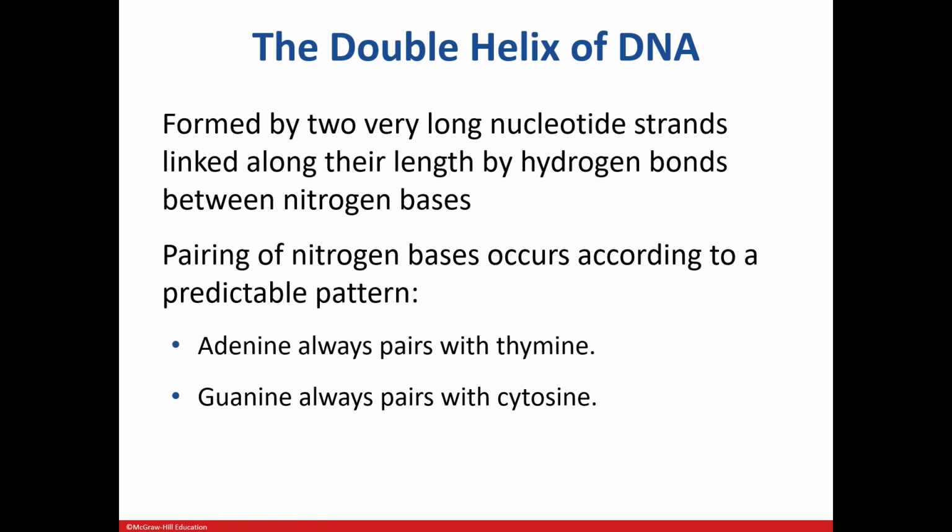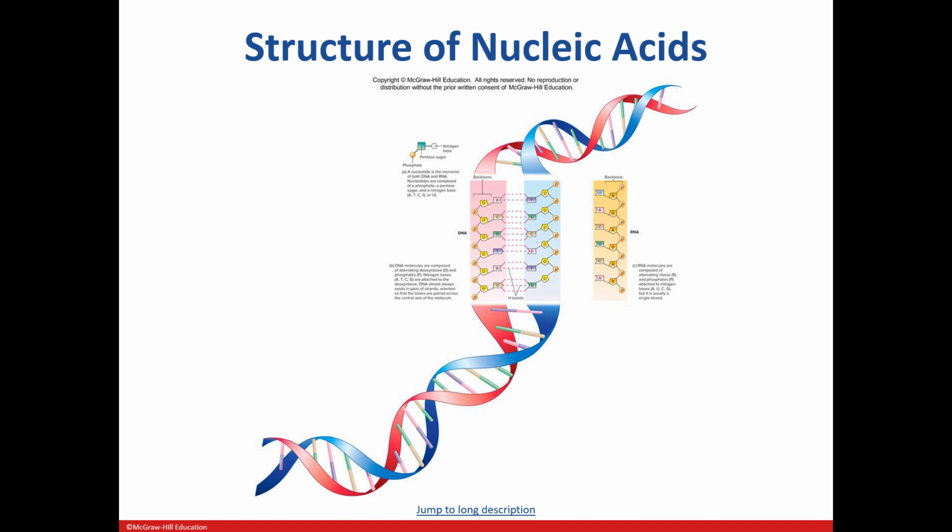Adenine bonds with thymine, while guanine pairs with cytosine. We can see the double helix along with our nitrogenous bases held together via hydrogen bonds. You can see the pentose sugar along with the phosphate groups.